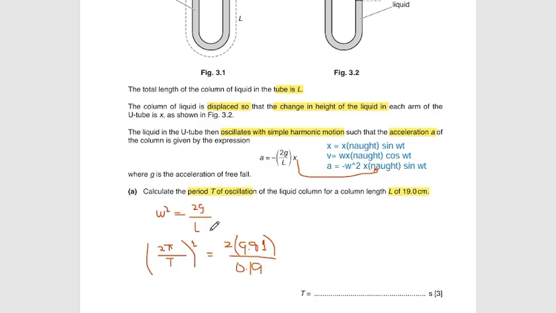Now it's simple maths. You have to make T your subject. You solve this and you'll get omega square. You can take the square root and then make T the subject.